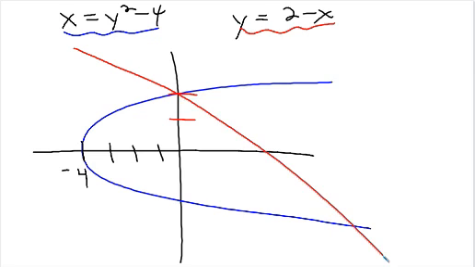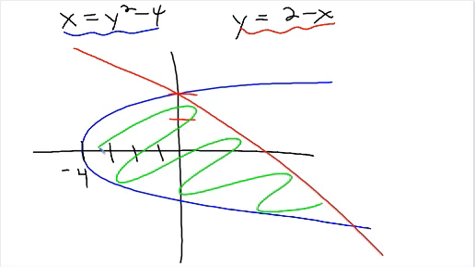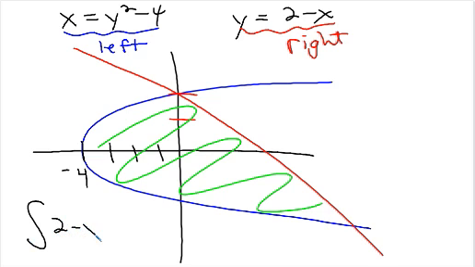And so the region that we're going to find the area of is that. So in this case, when I do right minus left, this is right, and this is left. So my integral in this case would be 2 minus x minus the quantity, I'm sorry, not 2 minus x, we're doing this with respect to y.